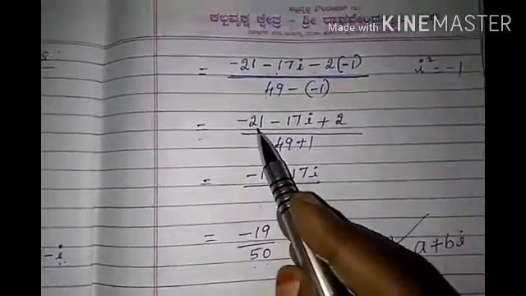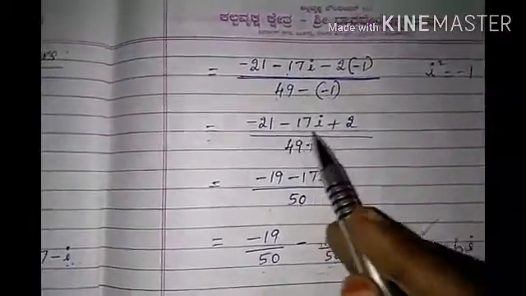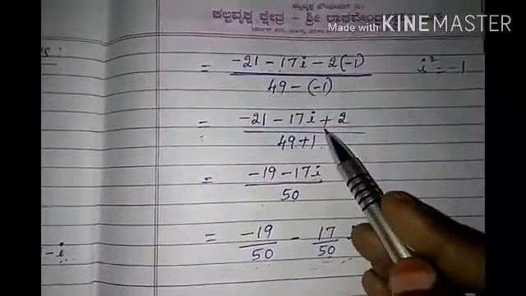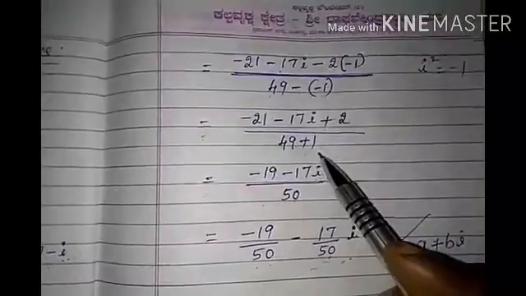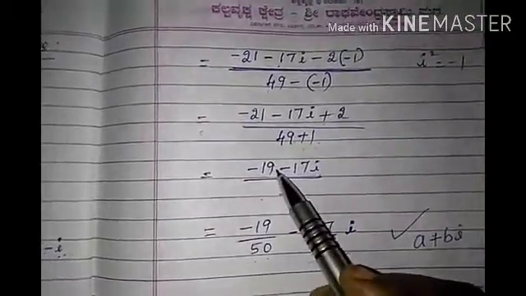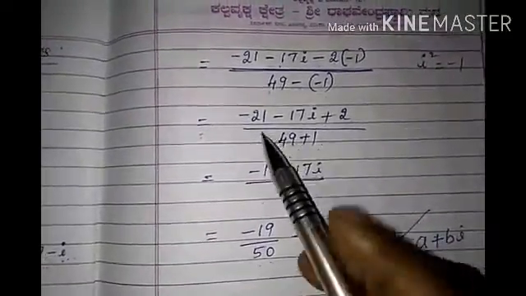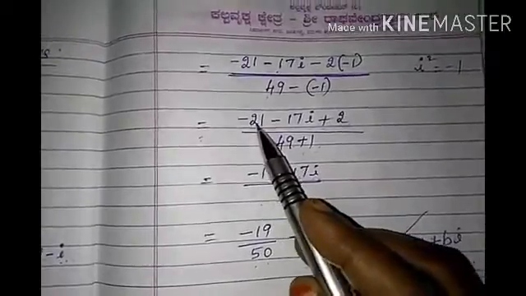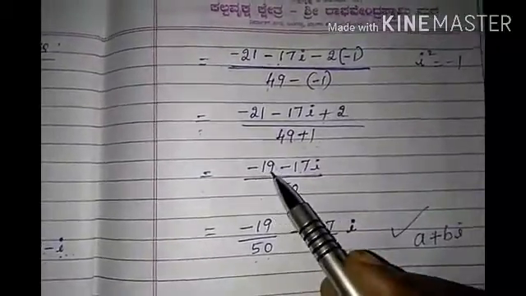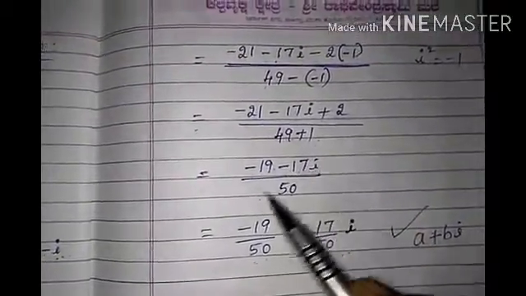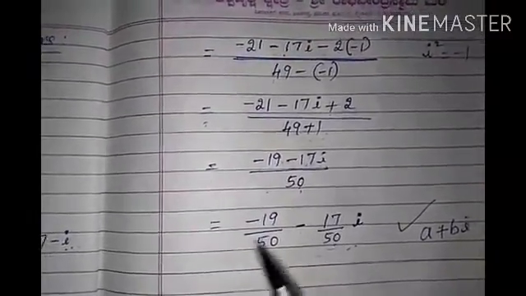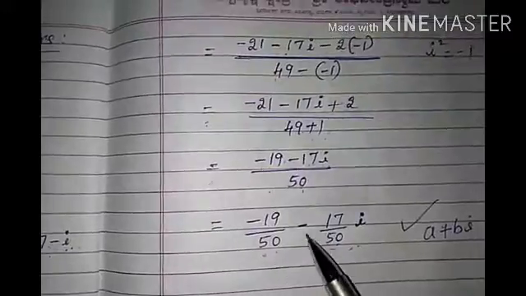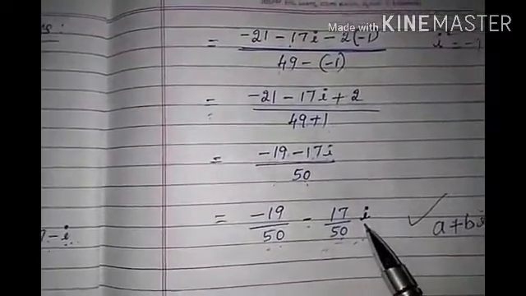That is equal to minus 21 plus 2, which gives minus 19, minus 17i, by 49 plus 1, which is 50. You can separate the denominator like this: minus 19 by 50 minus 17 by 50 i.